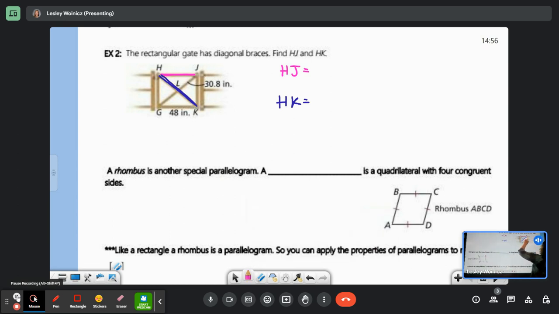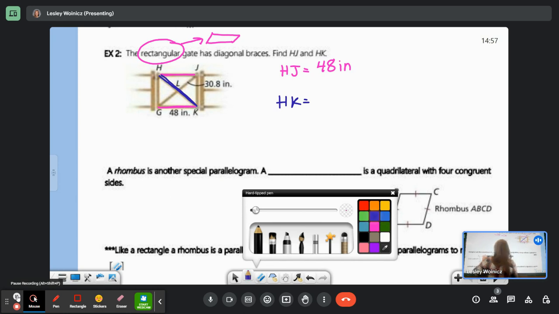Well, if GK is 48 and I have a rectangle, a rectangle is also a parallelogram, right? HJ would be what? 48. So we know that opposite sides have equal measures. They are congruent. 48 inches, correct? Yes.